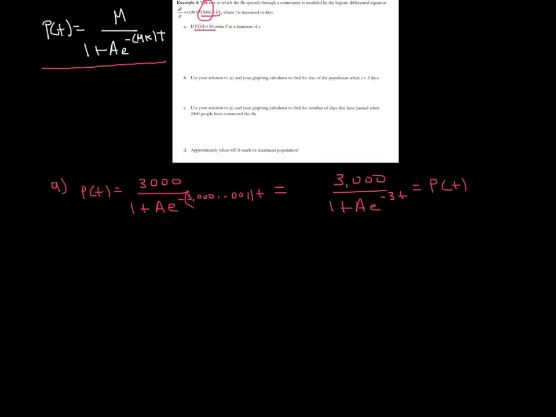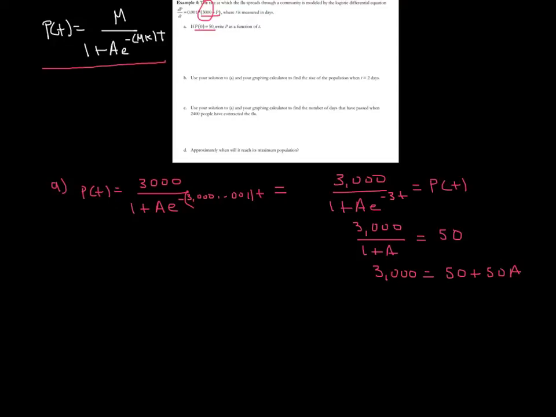And now we're going to plug in our initial condition of (0, 50). When time is 0, e to the 0 is 1, so we get that same situation we had earlier. So we have 3,000 over 1 plus A equals 50. Multiply both sides by 1 plus A, and that gives us 3,000 equals 50 plus 50A.